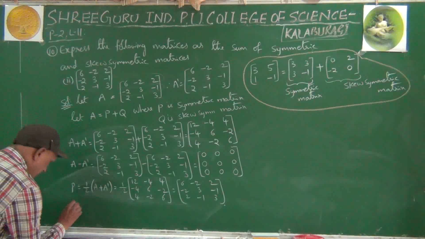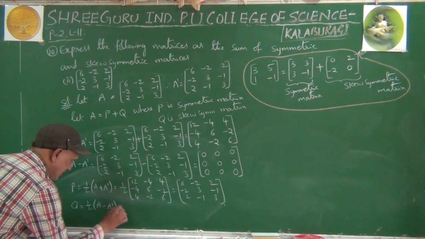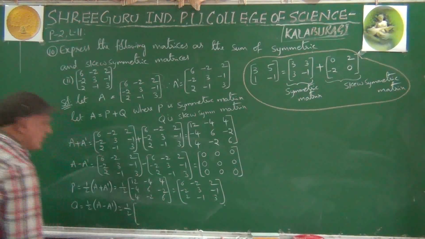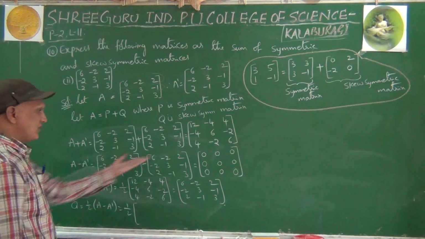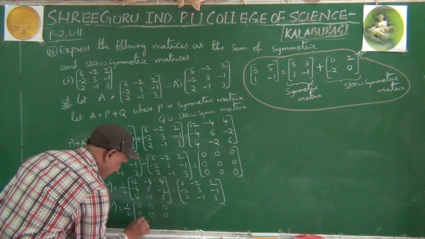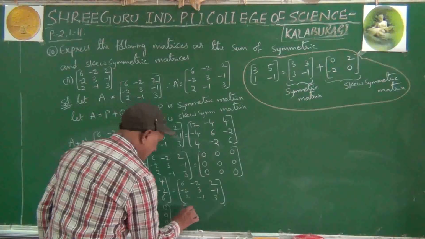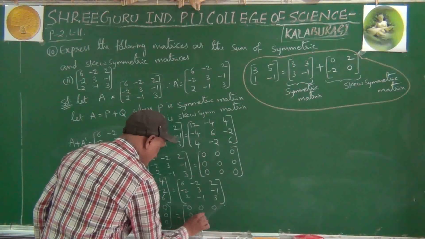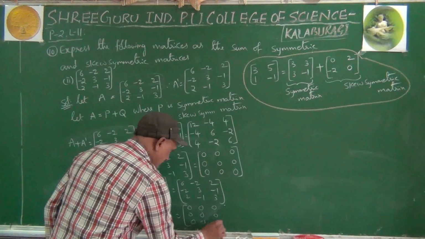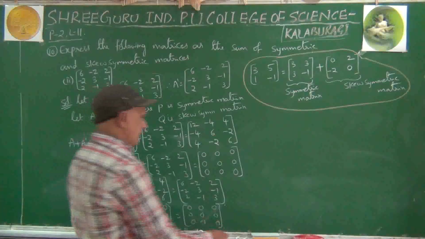Q equals 1 by 2 into A minus A dash. What did we get? A null matrix, all zeros. Right?